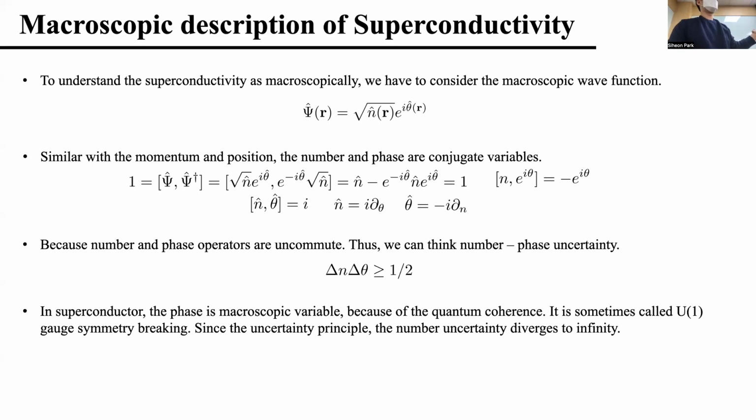In the superconductor, we can choose the phase, meaning we can know the phase, so the uncertainty of the phase is 0. So the uncertainty of the number can diverge. This makes superconductivity, because the number can change, so the current can flow without resistance.